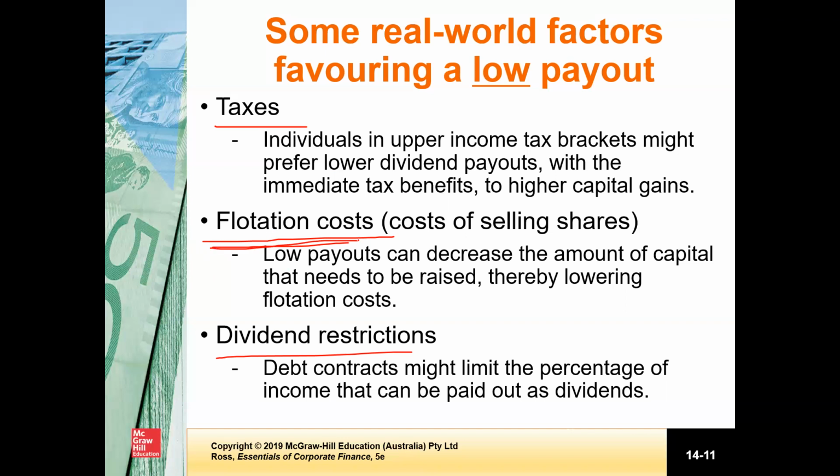That's why companies might opt to pay less dividend. And dividend restriction, obviously, a company might want to pay low dividend because of this restriction. And for taxes, as I already indicated, in a classical tax system, the companies might opt to pay less dividend, rather allow investors to earn capital gain so that they are subject to less tax.